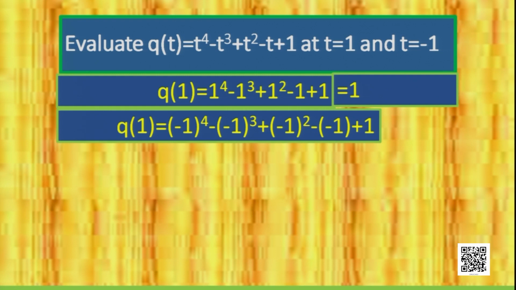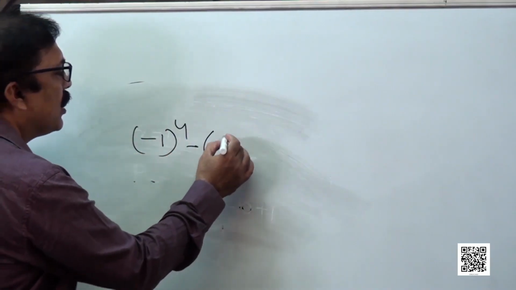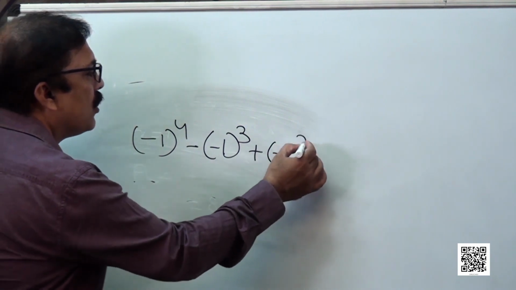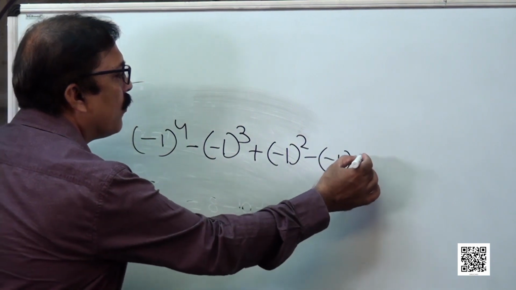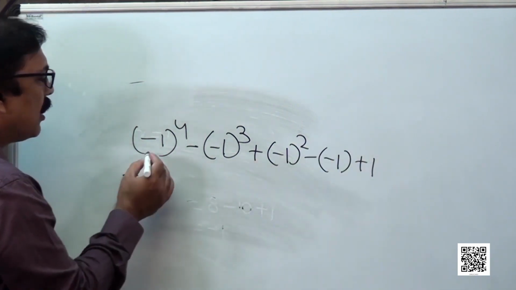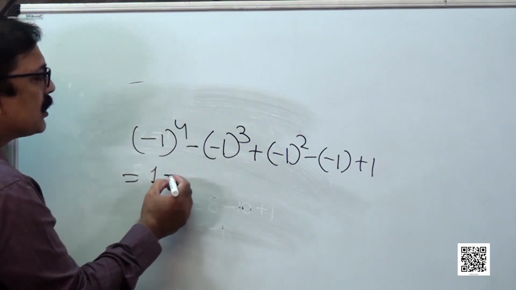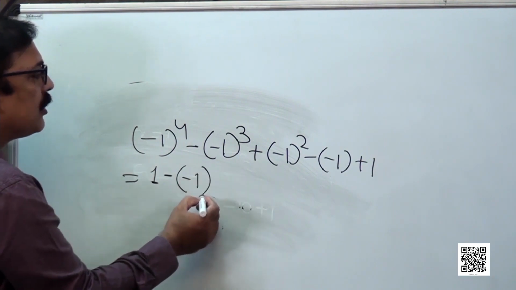So you see, minus 1 to the power 4 minus 1 to the power 3 plus minus 1 to the power 2 minus 1 plus 1. Here the value is plus 1. Here, minus of the value, minus 1.